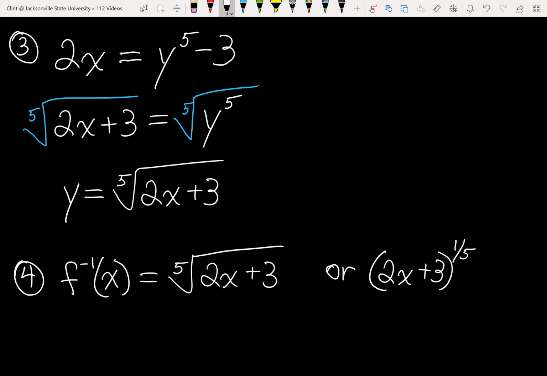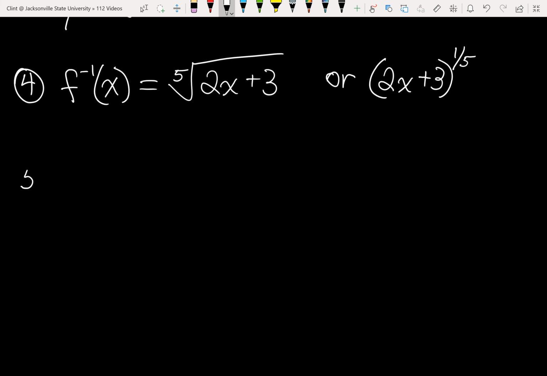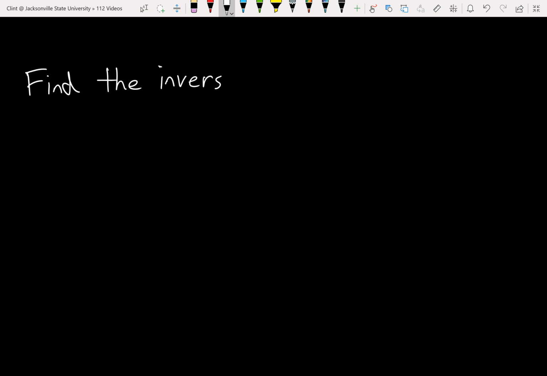Alright, let's do one more. Not number 5. Do one more. Find the inverse. Okay, so this time we're starting with f of x equals 2 plus the cube root of x.